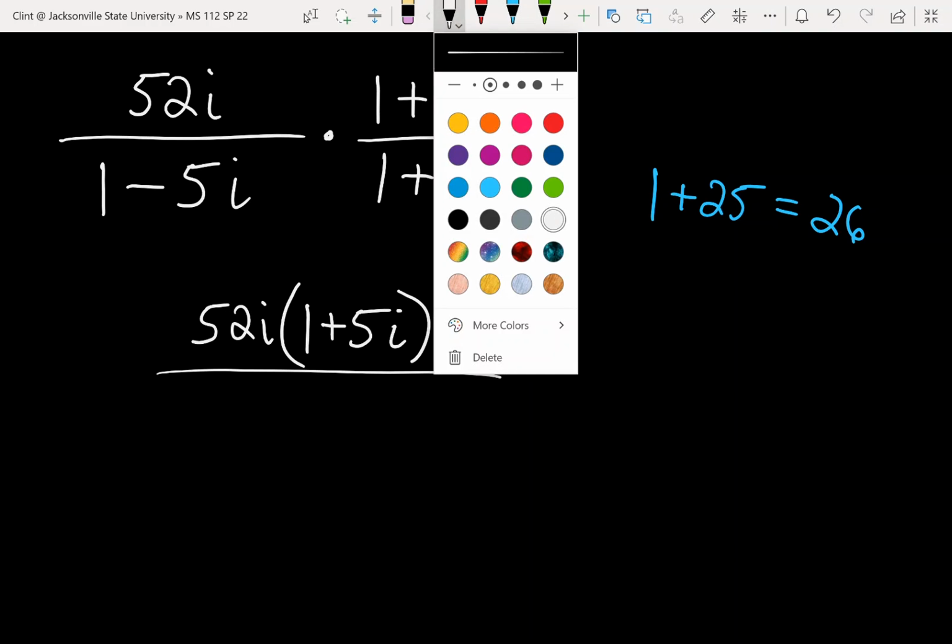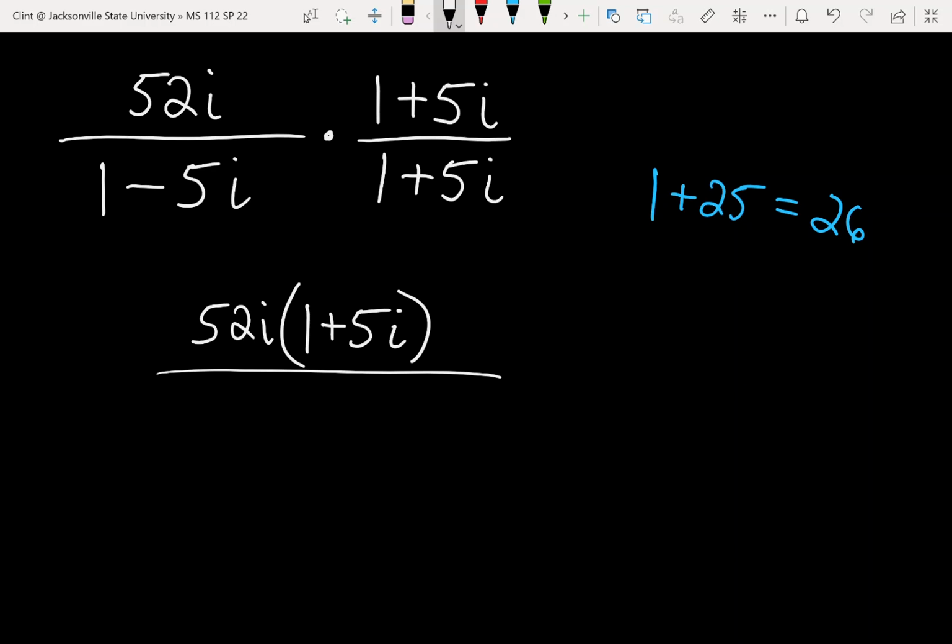So 1 times 1 is 1. 1 times 5i is 5i. Negative 5i times 1 is negative 5i. Those are going to cancel. And then negative 5i times 5i, get negative 25i squared.